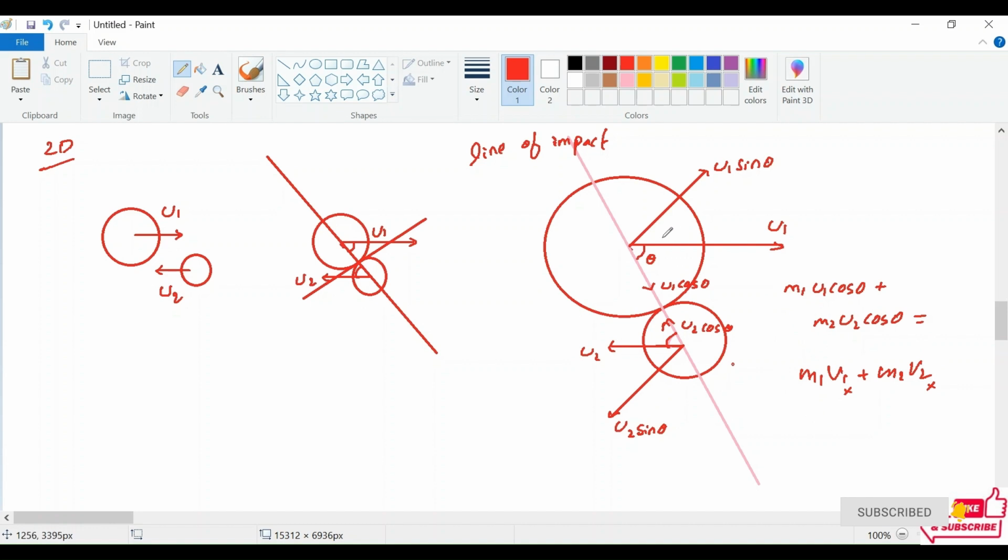The velocities which are perpendicular to the line of contact won't change, they will be retained as they are.